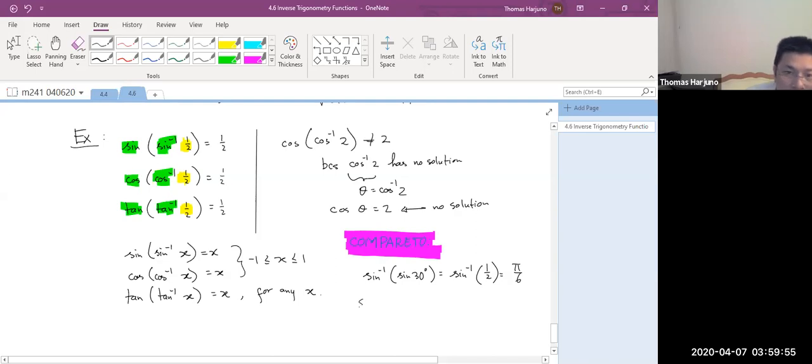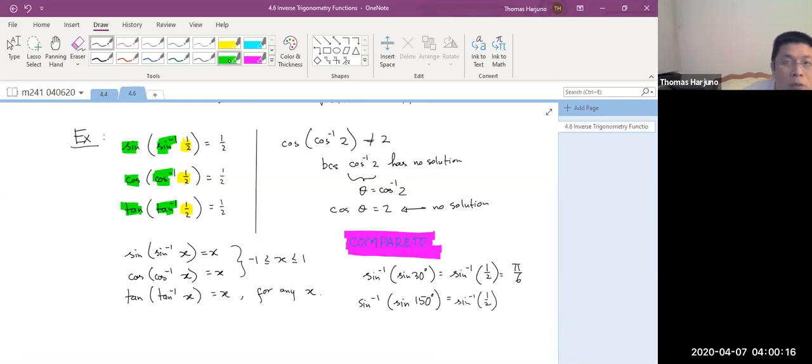But that's not the case if I make that 30 degrees become 150 degrees. Sine 150 degrees is still 1/2. Okay, so sine 150 degrees equals 1/2.